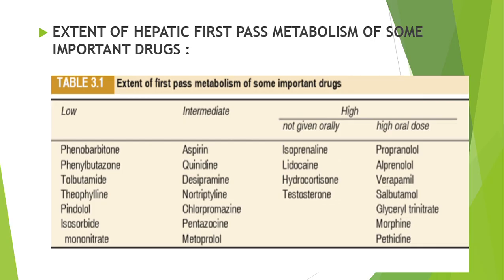High first-pass metabolism, so not given orally: isoprenaline, lidocaine, hydrocortisone, testosterone. A high oral dose can be given in case of high first-pass metabolism: propranolol, alprenolol, verapamil, salbutamol, glyceryl trinitrate, morphine, pethidine, etc. You can go through different books and articles to learn more about first-pass metabolism.